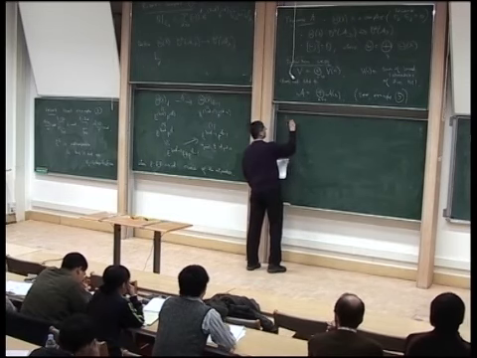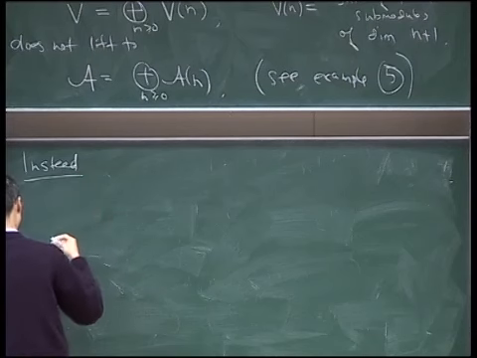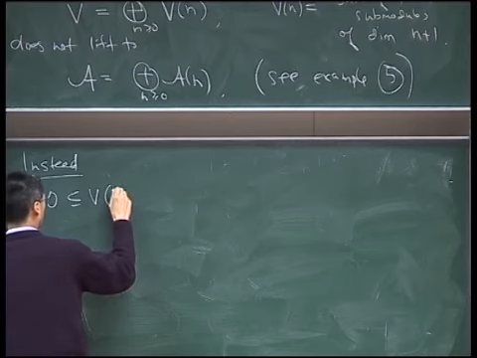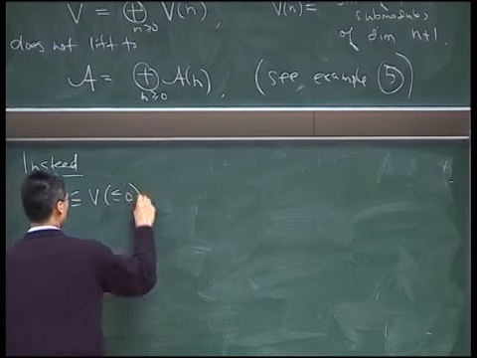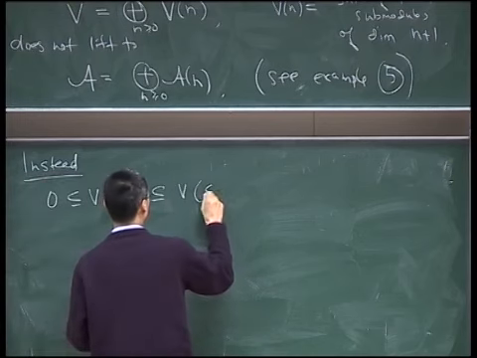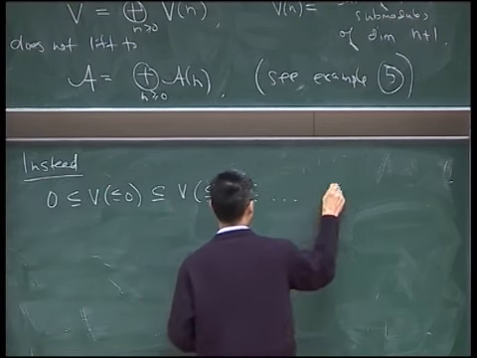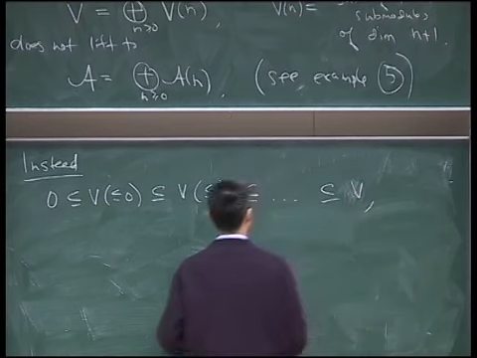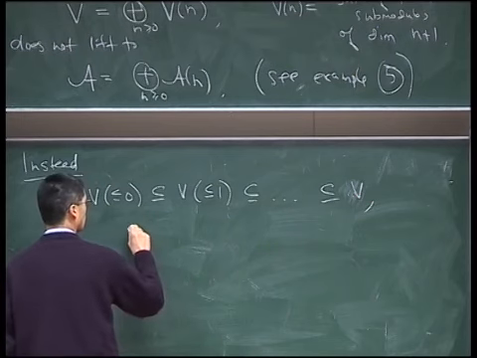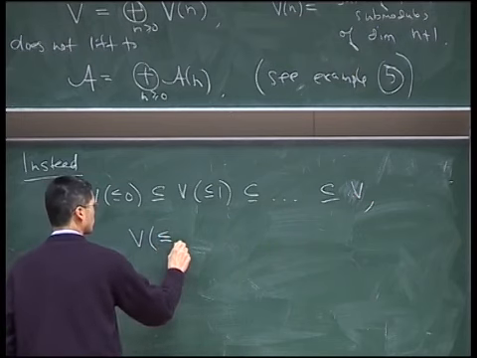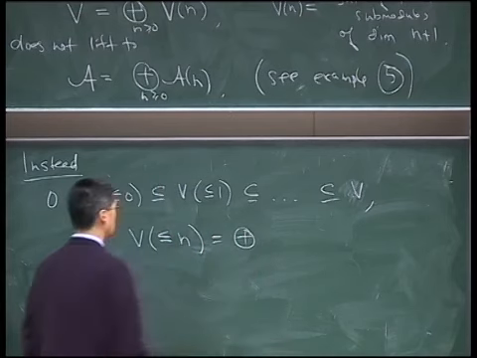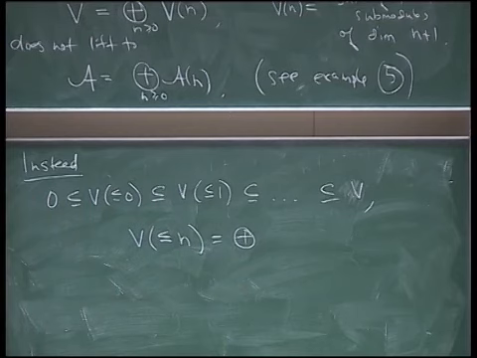Instead, we consider the filtration on any SL2 module, given by taking V_{≤n} to be the sum of all irreducible submodules of dimension at most n+1.